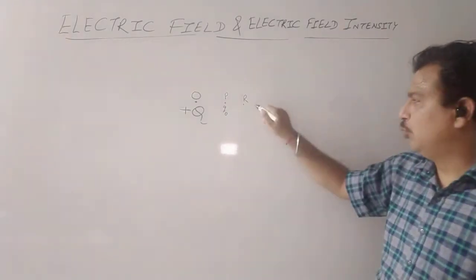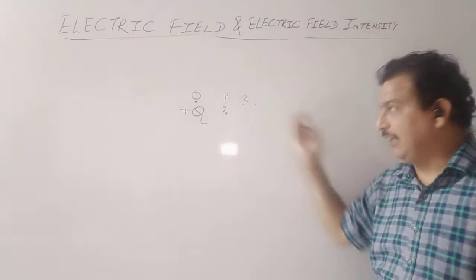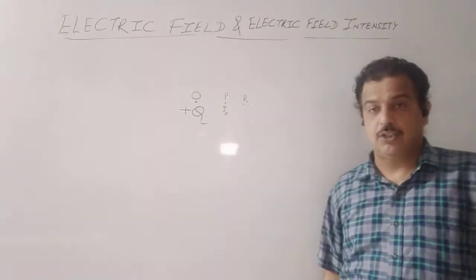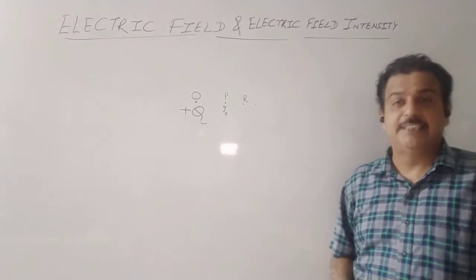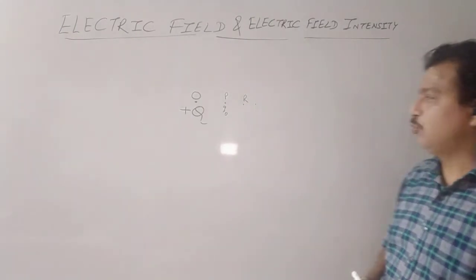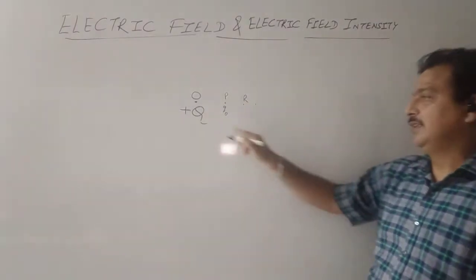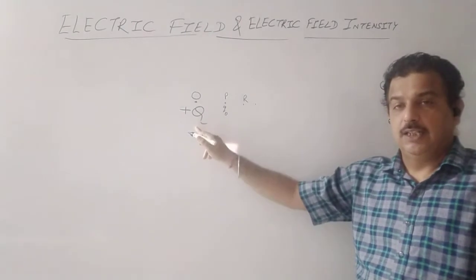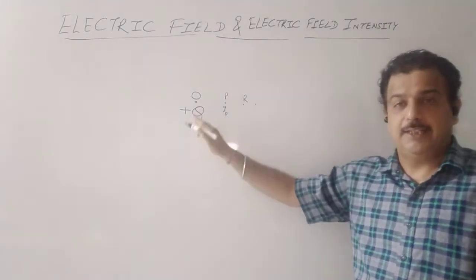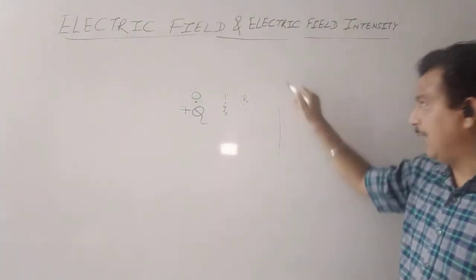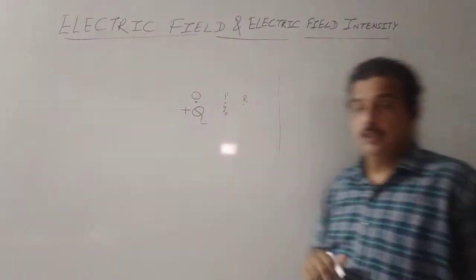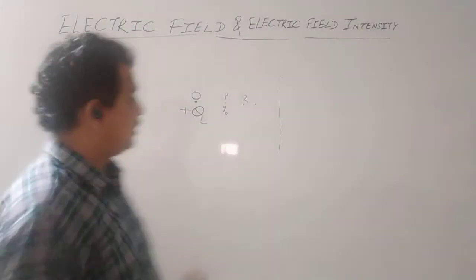So as I move farther and farther from this charge, the repulsion will keep on decreasing. A stage will come where this charge will have its limit. Suppose it applies the force of repulsion up to this line.